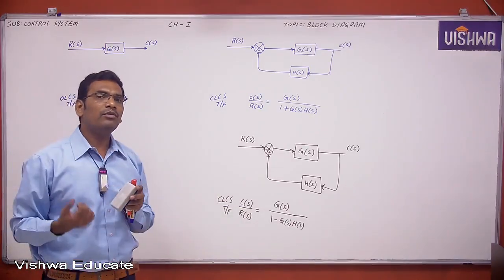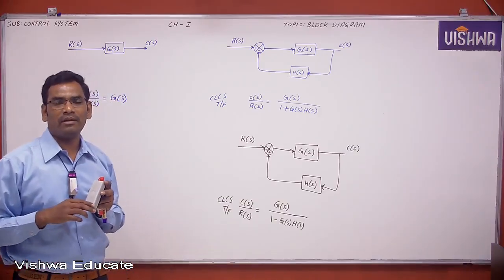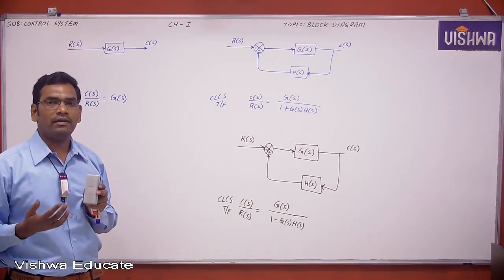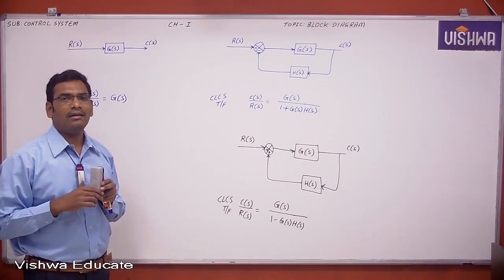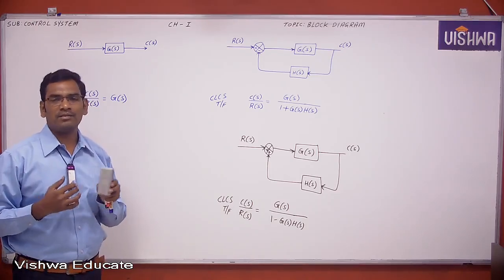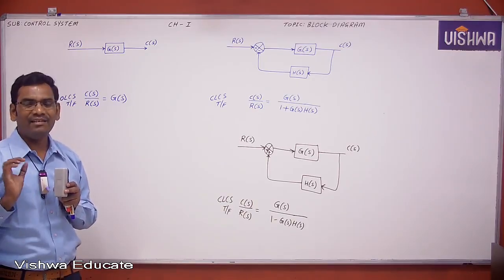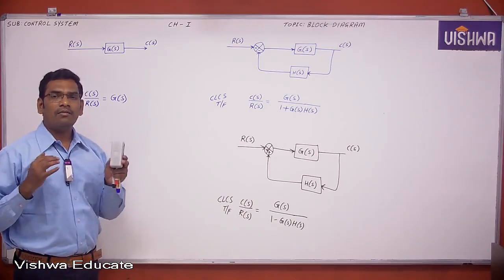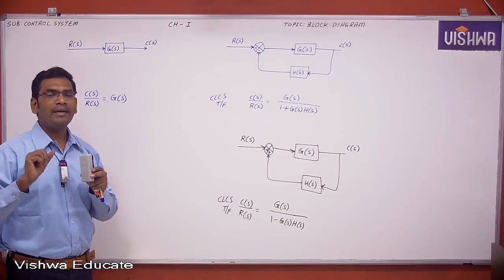So if more blocks are available in your block diagram, because of different applications or different processes involved in that particular system, sometimes the blocks may be more, sometimes the blocks may be complicated. So we use some rules and regulations to simplify the blocks and minimize the blocks.